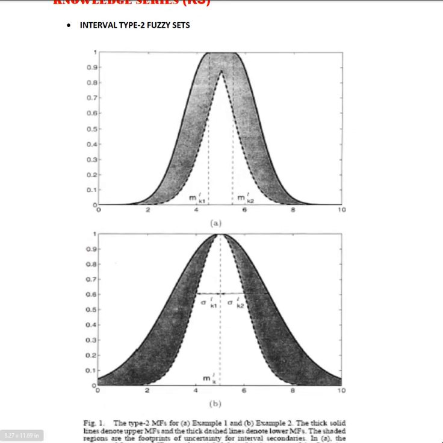Now let's see another discussion with respect to the interval type 2 fuzzy set. Under these conditions, you will find that one side talks about the fuzziness of the type 2 fuzzy set, where the membership function at 1 has a flat surface.